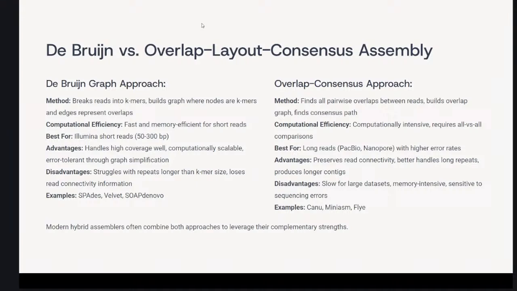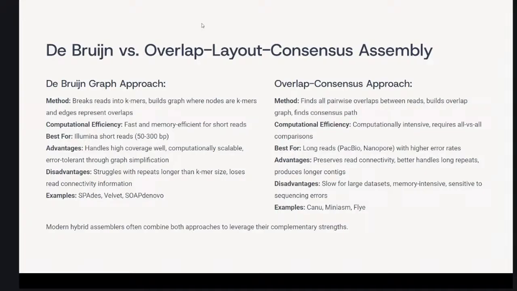Then computational efficiency: it is much faster than your overlap consensus approach and much more memory efficient for short reads. This is considered best for Illumina short reads, which are around 50 to 300 base pairs long.